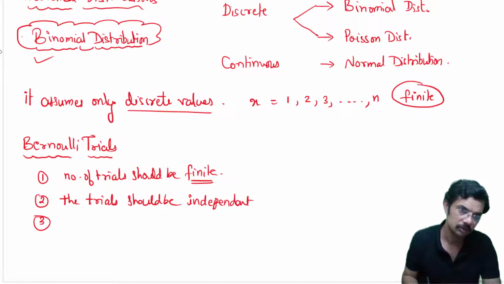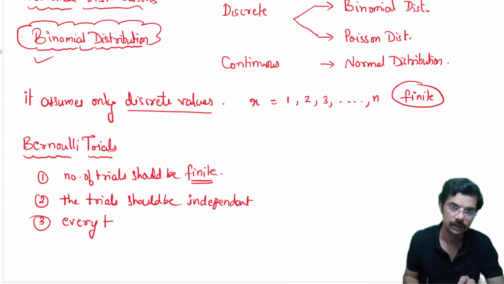Now the third condition is that every trial has exactly two outcomes. The outcome of every trial can be classified exclusively as a success or a failure.